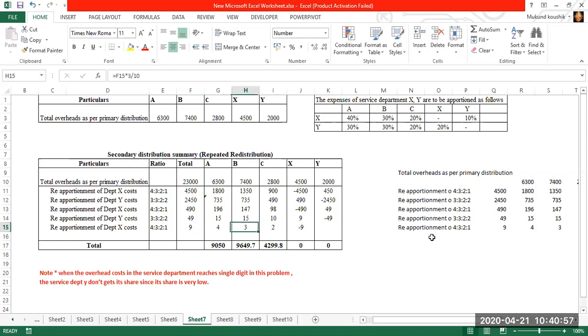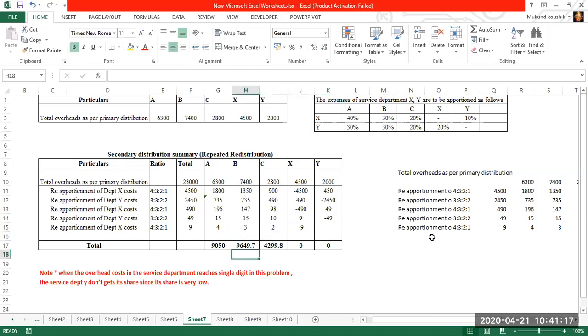Here, after doing allocation again, we have 4, 4, 5, 6, 7, 8, 9. So whatever amount of 9 we had, we have allocated completely here itself for departments A, B and C. So there is no need to allocate here for service department Y, right? So service department Y does not get any share here.